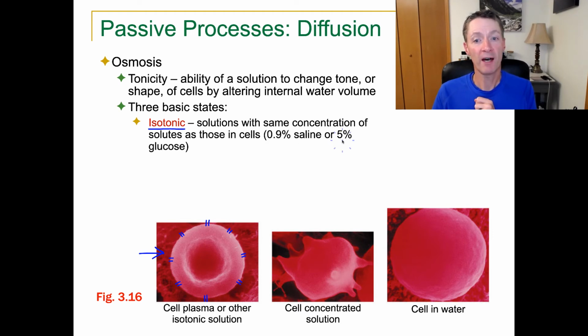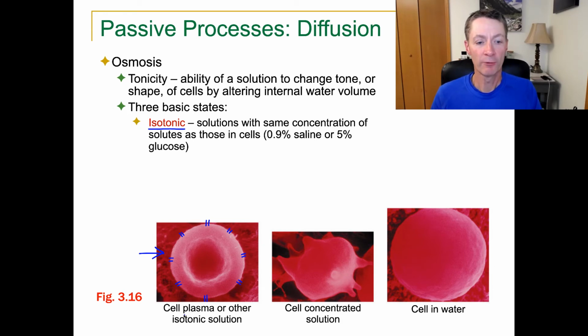Or if you had a 5% glucose solution, a sugar solution, 5% sugar is about equal to the concentration of all the stuff that happens to be dissolved inside of a cell or a red blood cell. So this would be an isotonic solution.